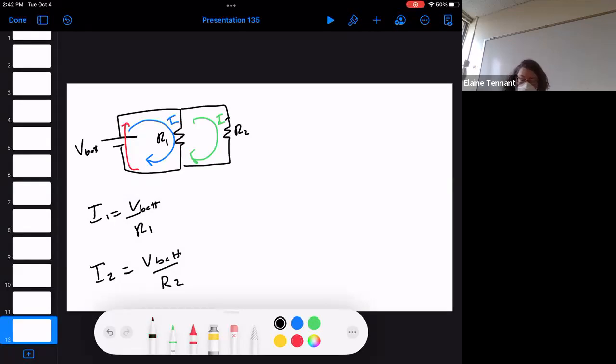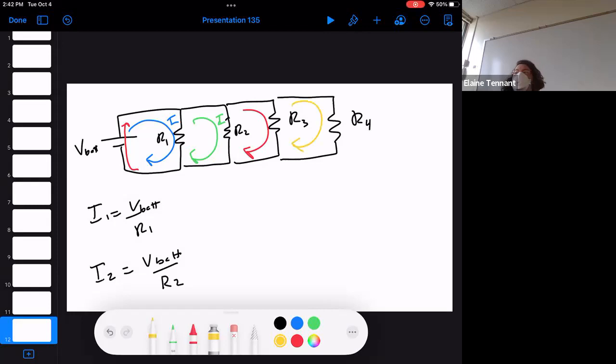So my current through the battery has increased. And if I add a third resistor, the current through the battery will increase again. And so as I'm adding more loops here, I'm increasing the total current going through the battery.